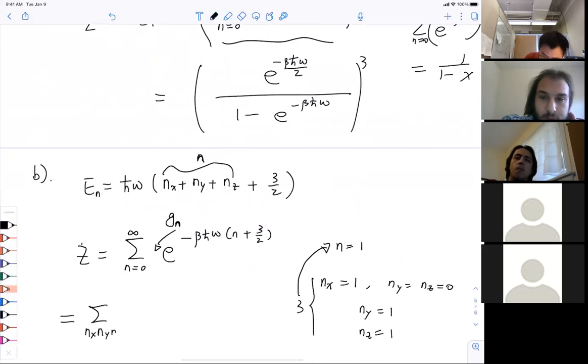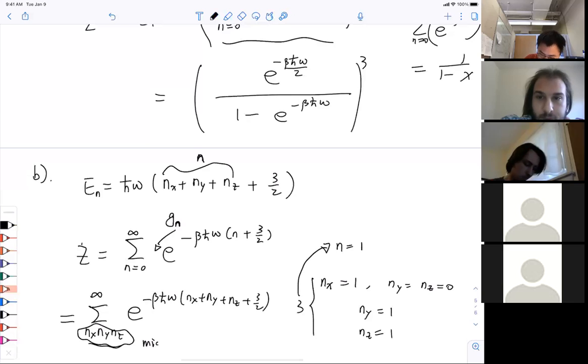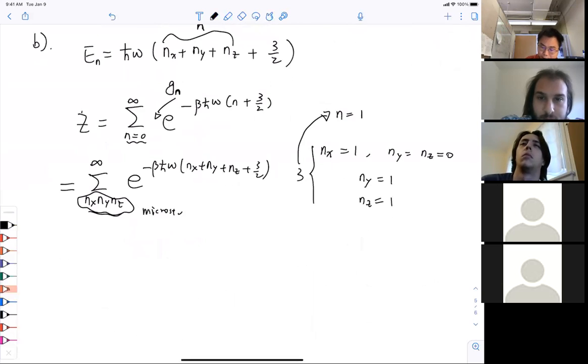Originally you can also write it in this way. So here is summing over the microstates. Here is summing over the energy of the system. That's very similar to what we usually do in solid state.